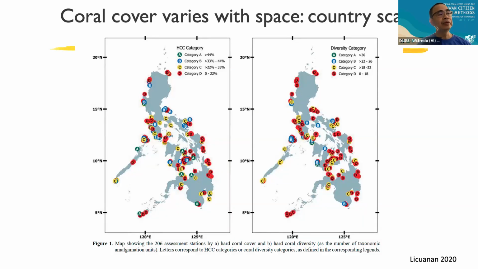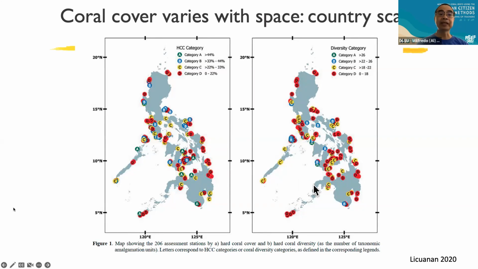So if you use the new scales, we have category A, B, C, and D reefs, and many of them are found in 2 of our 6 biogeographic regions. Many of the richest reefs in terms of cover and diversity are in the Sulu Sea or in the West Philippine Sea.